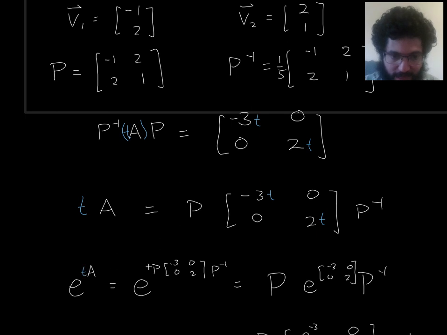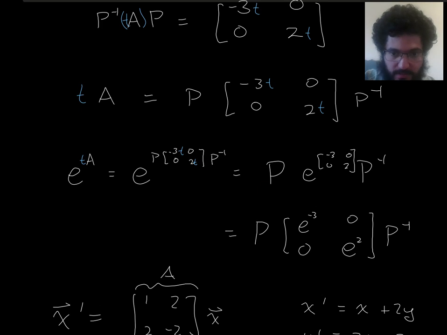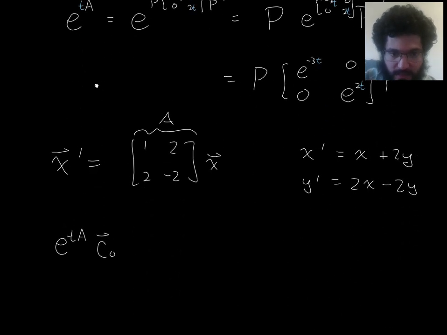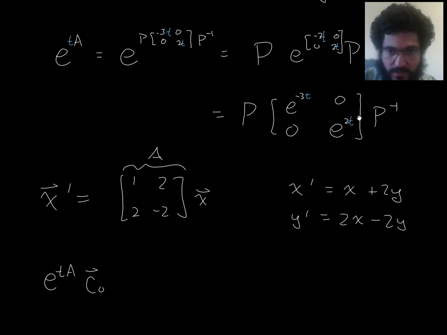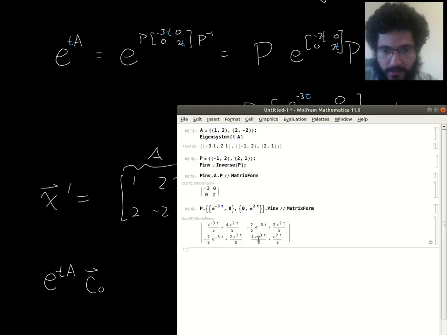So e to the tA is e to this thing here, negative 3t, 2t along the diagonal, which is this, which is this. So this is what I computed over here.